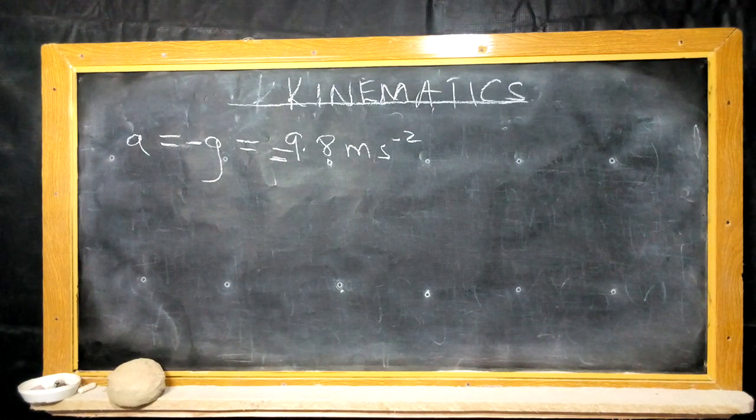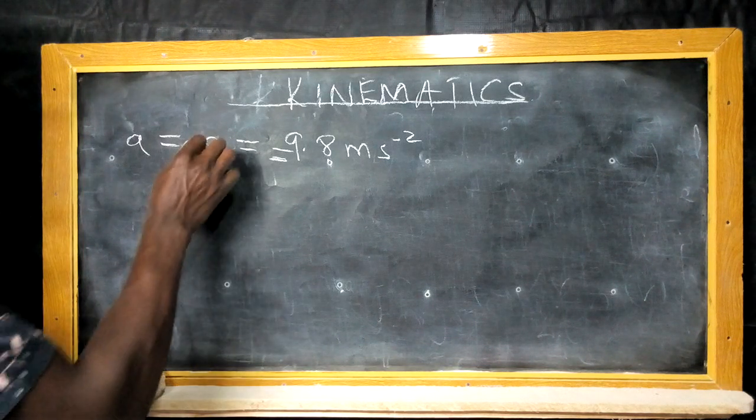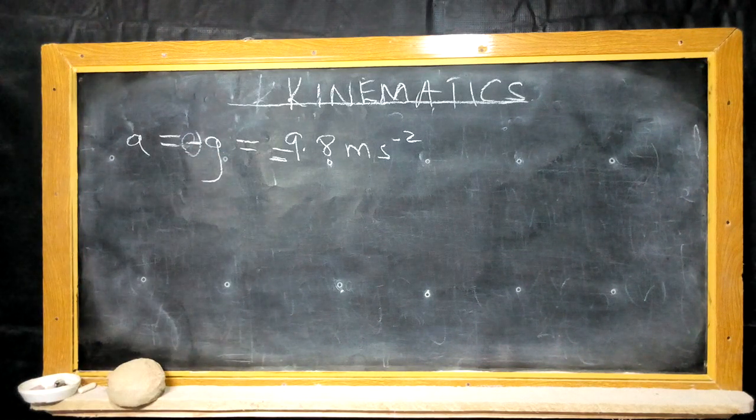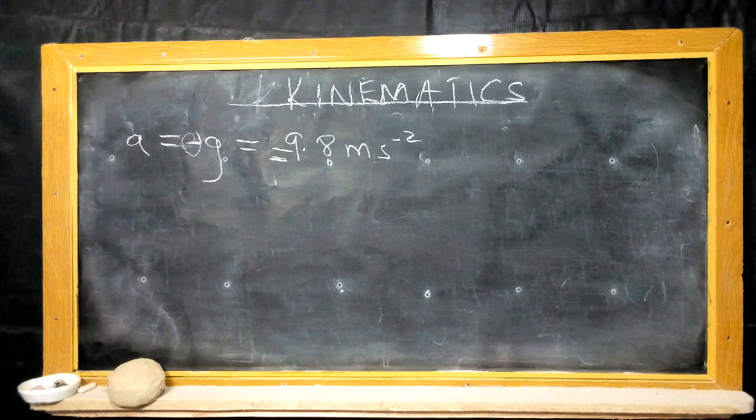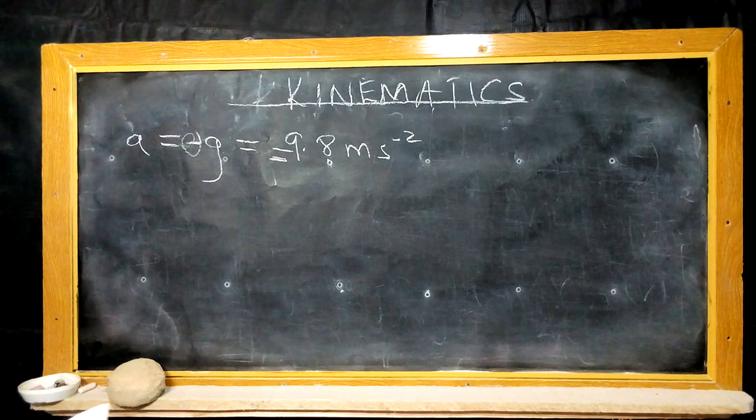So less positive means slowing down while going up, and more negative means speeding up while going down. So the implication of this negative sign is that an object is either speeding up while moving down, or slowing down while going up.